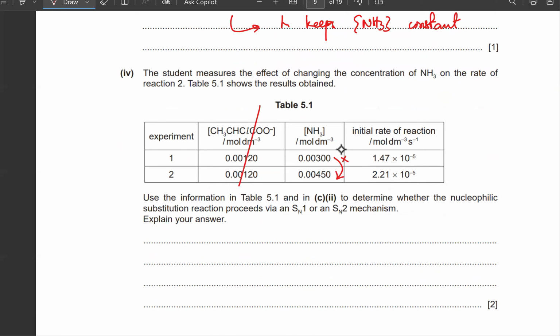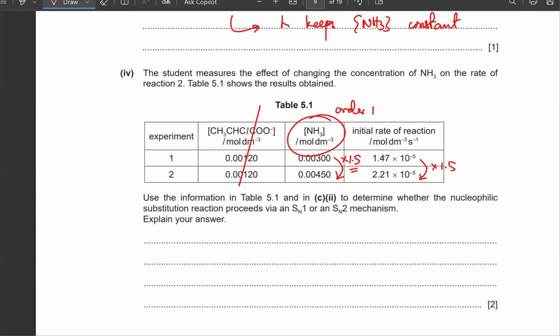Is that 1.5 times? Can you do this on your calculator? 3 by 2, so that's 1.5, right? Yeah, 1.5. What is the factor over here? 2.21 divided by 1.47. I think that should be 1.5 as well, right? 1.5, yes. So that means the order with respect to ammonia is order one.